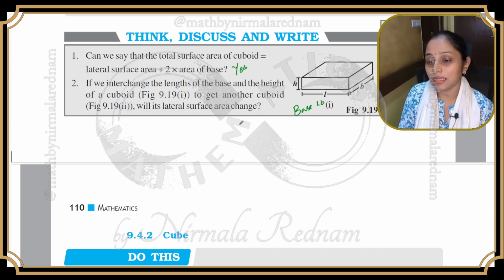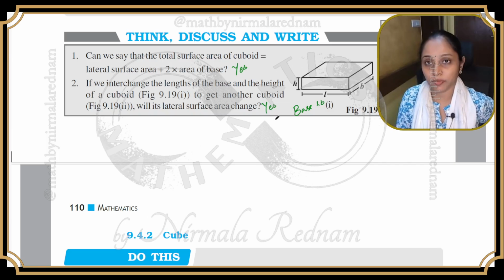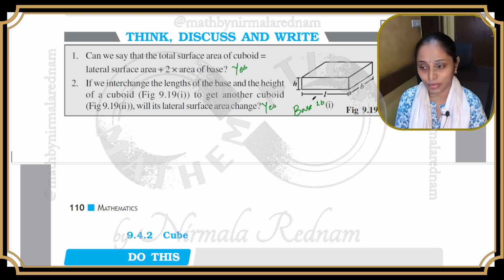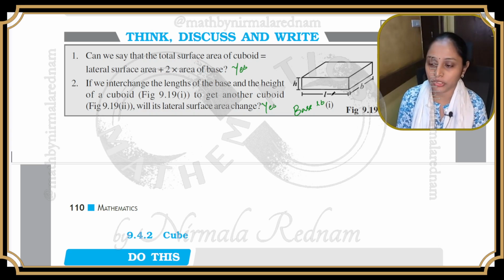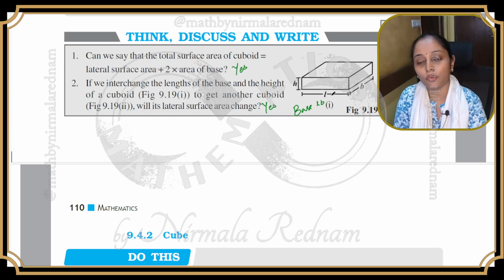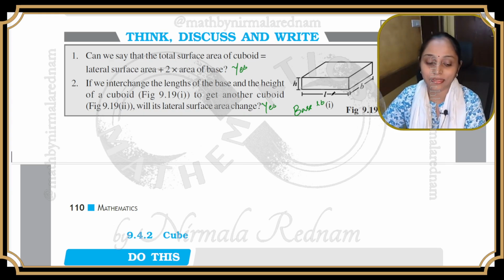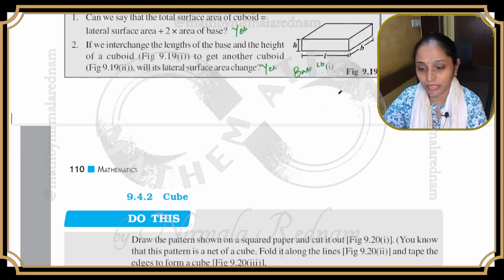Now, will the lateral surface area change? It will change, because lateral surface area is the surface area that excludes the base and the top. So, it depends on which face of these 6 faces you're going to take as a base, right? Depending on that, your lateral surface area is going to change. In fact, that is how we wrote the formula in the previous video. Depending on what your base is, your lateral surface area is going to differ, right?